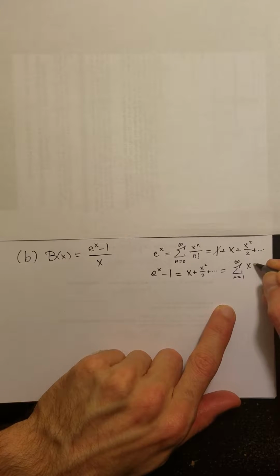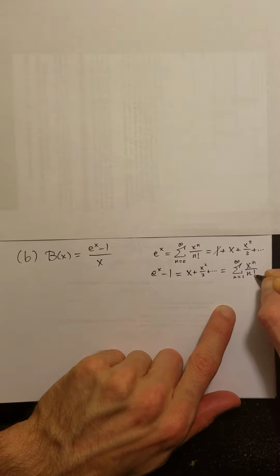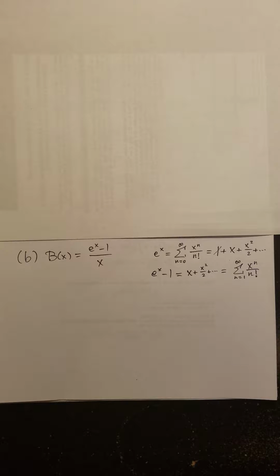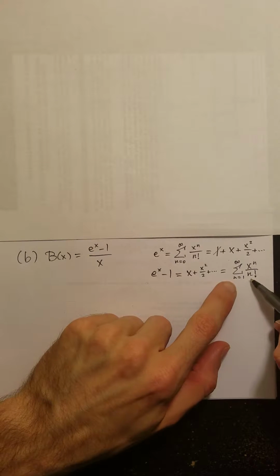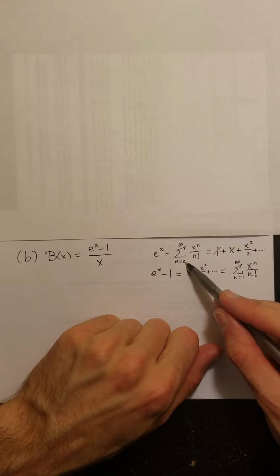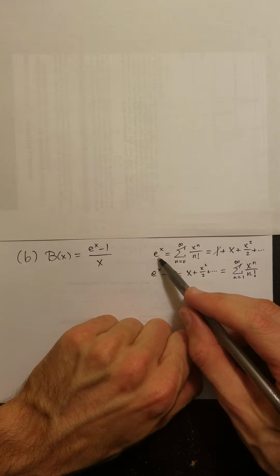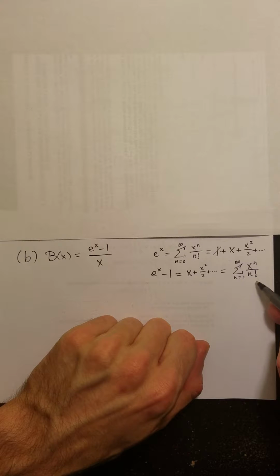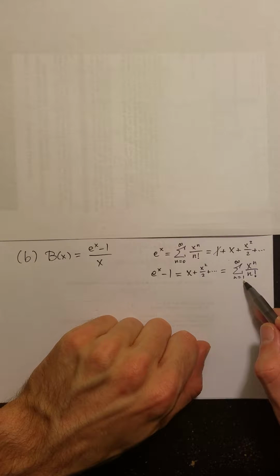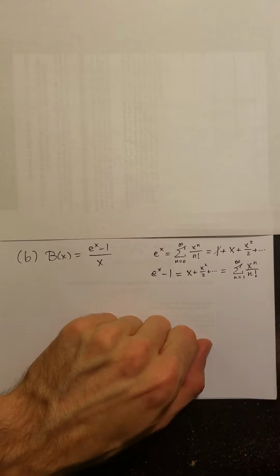So we're just writing x to the n over n factorial. And notice the difference between what I just wrote and what I wrote previously was that n started at 0 for the original power series for e to the power x, and for e to the x minus 1, it starts at n equals 1.